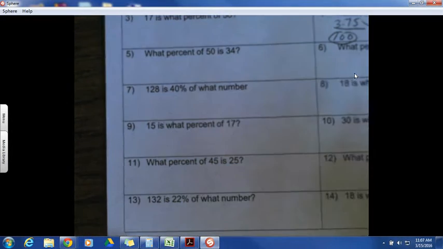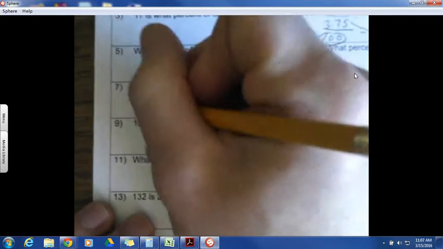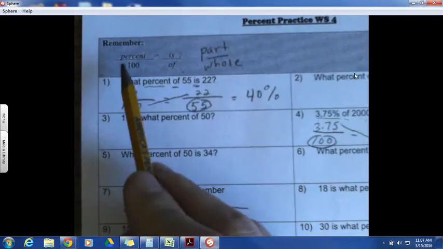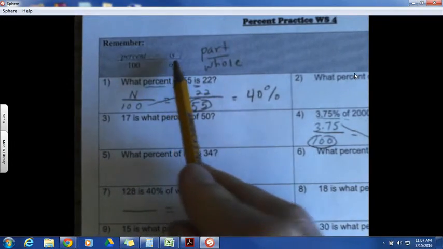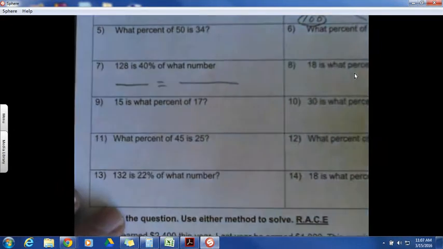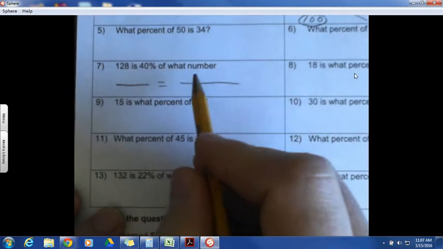Okay, so let's skip ahead to number 7. This would be our last example here. Set up my proportion. Remember, we're using this percent over 100 equals is over of system. So for number 7 it says 128 is 40% of what number?